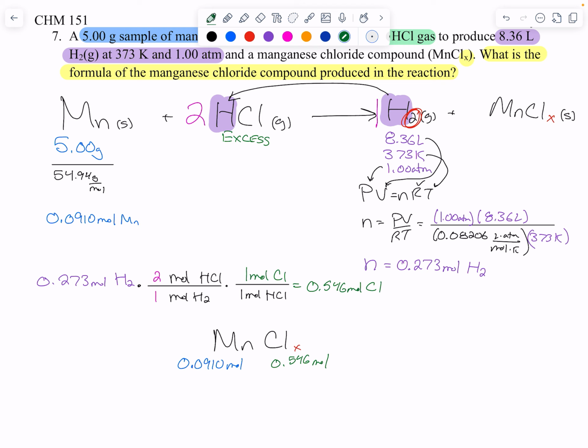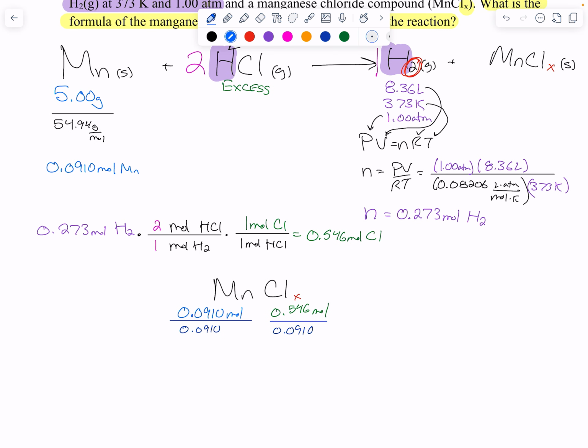We better make them whole numbers. And how do we do that? Divide by the smallest. 0.0910, 0.0910. And so we get 1 for manganese, and it looks like I get 6 for chloride. So my compound becomes MnCl6.